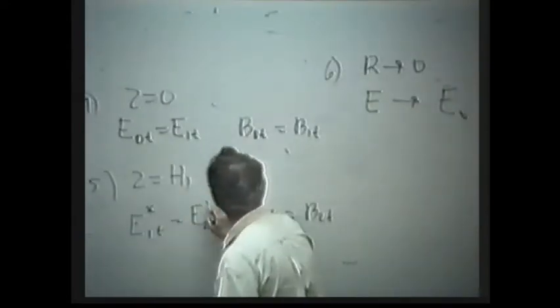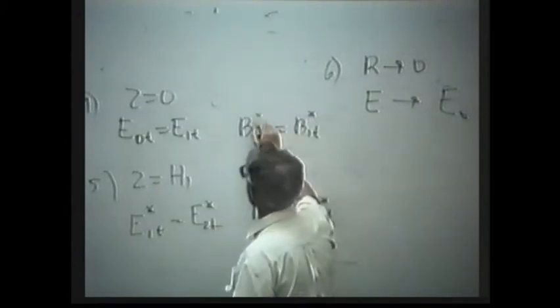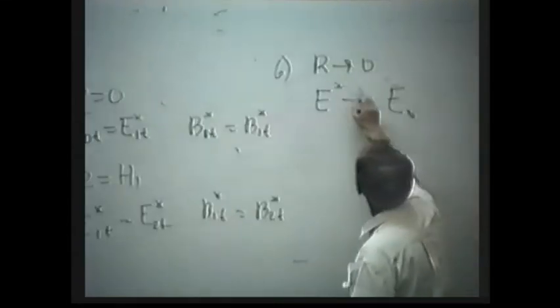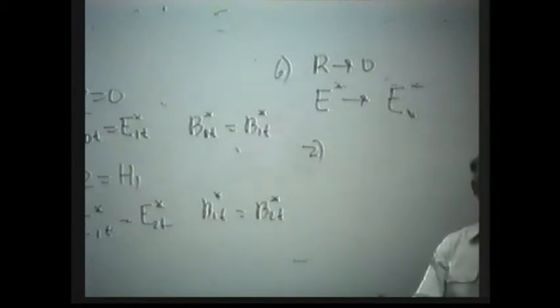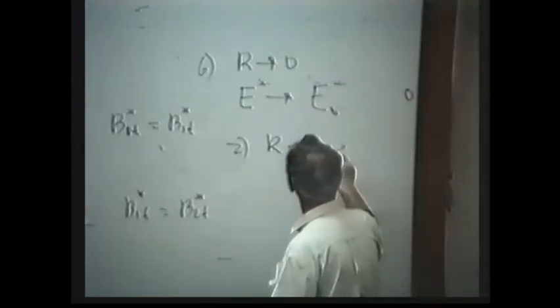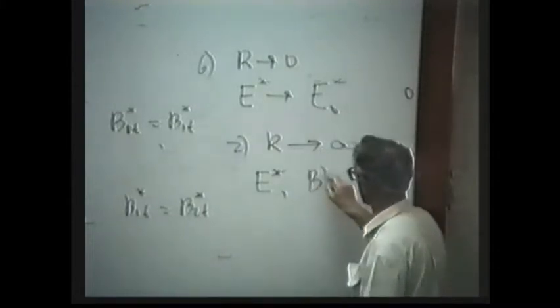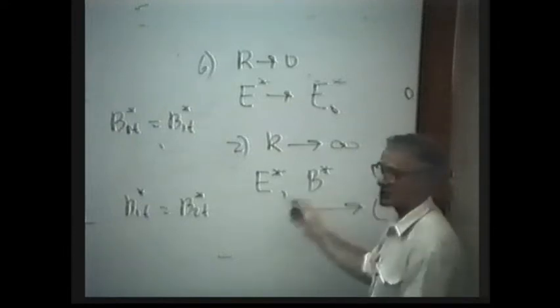Everywhere I have to write the complex amplitude. And finally, when we are far away, R goes to infinity, the field, both electrical field and magnetic field, more precisely the complex amplitude, must go to 0.